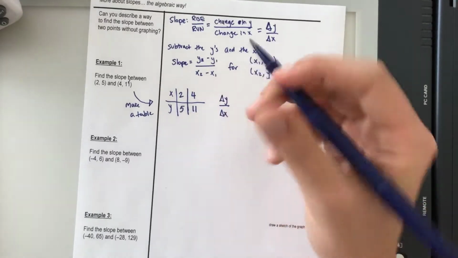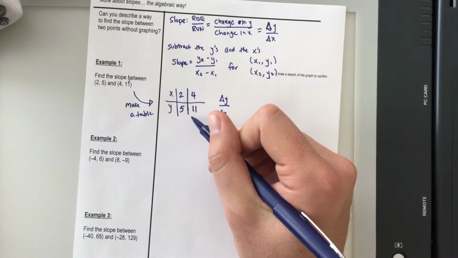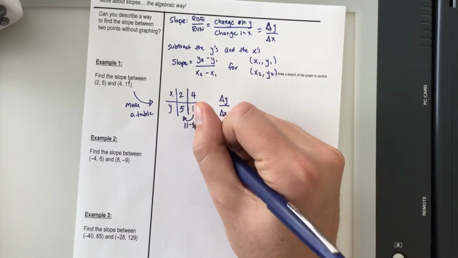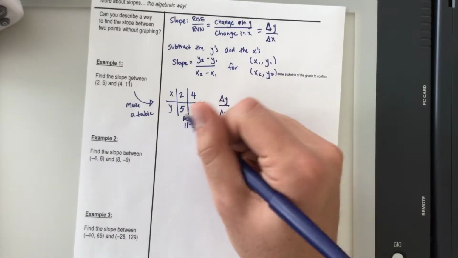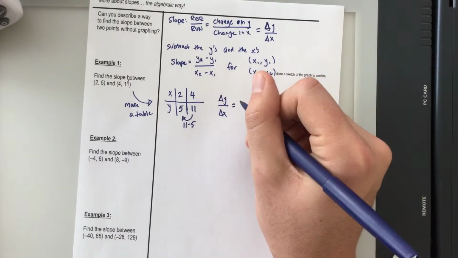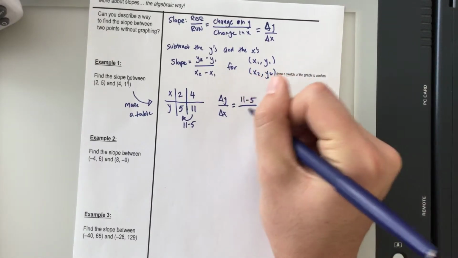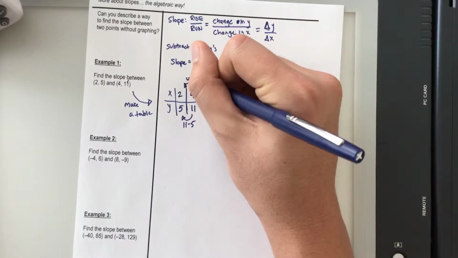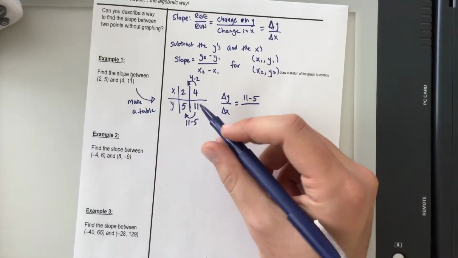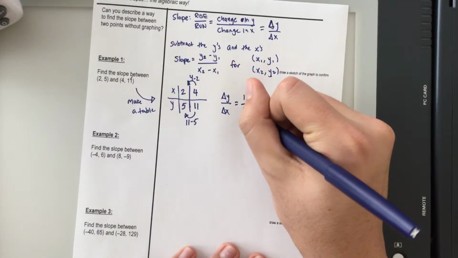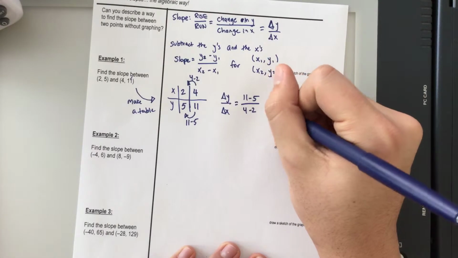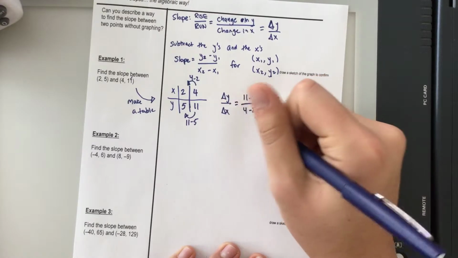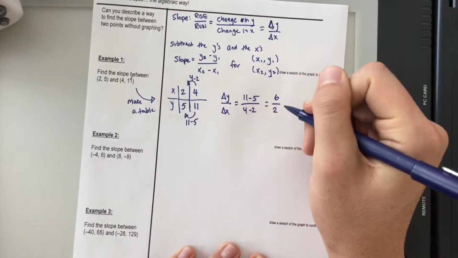If we subtracted 5 from 11, we would find the difference here, so 11 minus 5 is our change in y. And if we subtracted 2 from 4, we'd get our change in x. So 4 minus 2. Our change in y is 6, and our change in x is 2.